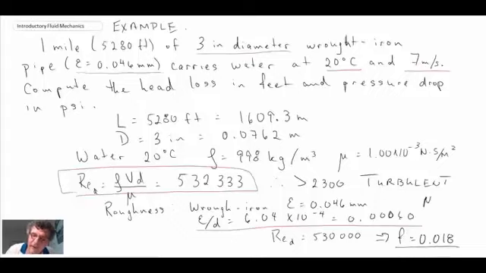Now that is using Moody. There are other ways that we can go about doing this calculation, and some of them do not involve reading the Moody diagram. Others involve using equations. So let's take a look at those different techniques next. One of them is using the Haaland equation, which is the equation that does not require iteration.